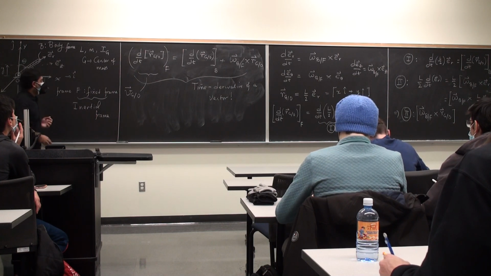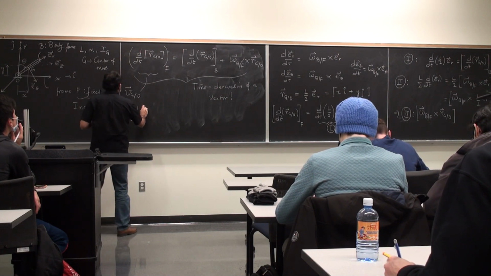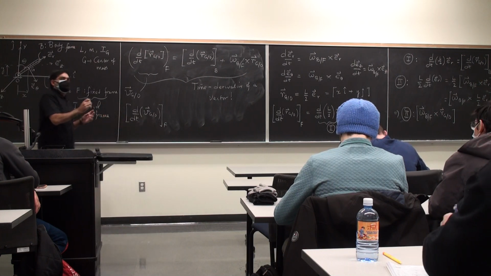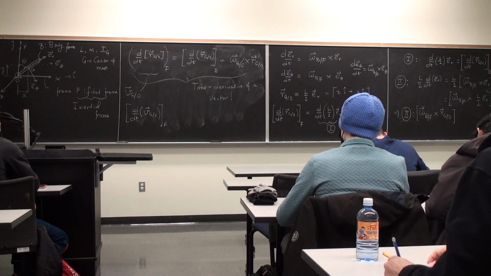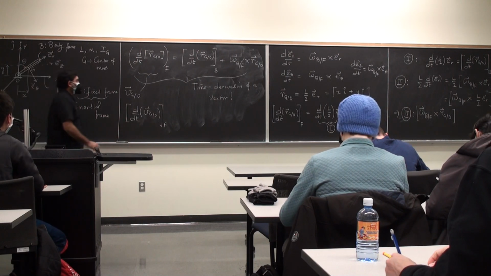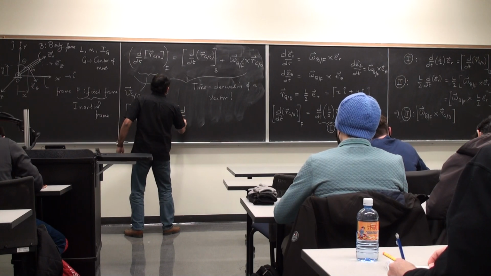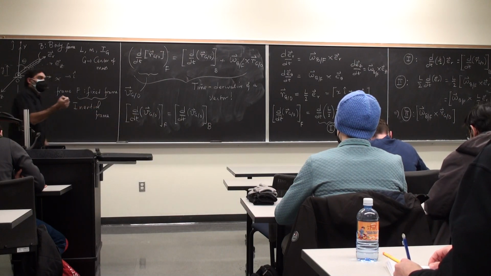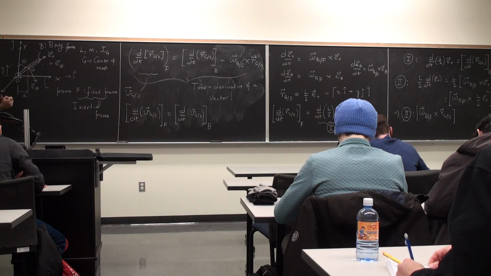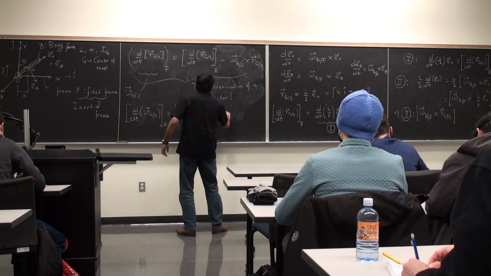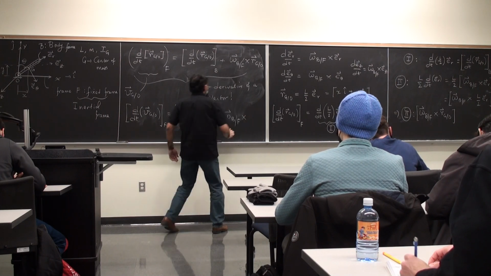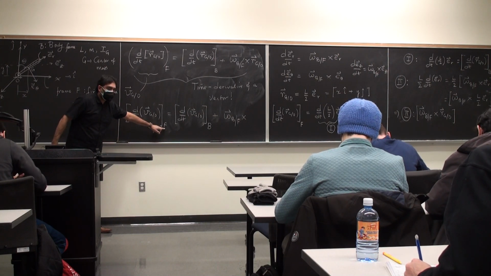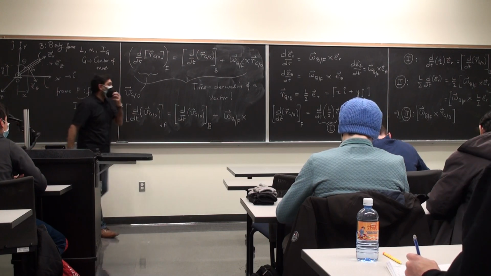You see, d by dt of V_G/O, always with respect to a fixed frame, because Newtonian mechanics are defined with respect to the inertial frame, a fixed frame, is nothing but d by dt of V_G/O from the perspective of the body frame, plus omega of the frame with respect to whatever frame you're doing the time derivative, cross the vector whose time derivative you're looking at.